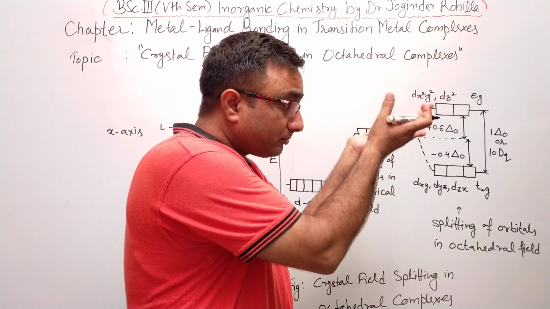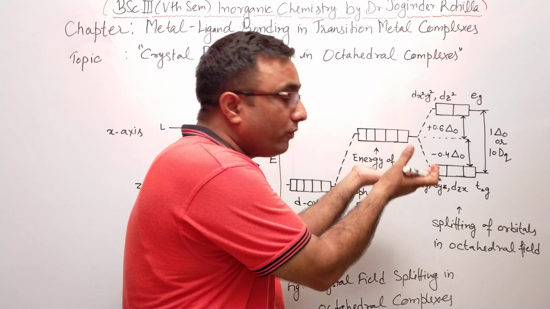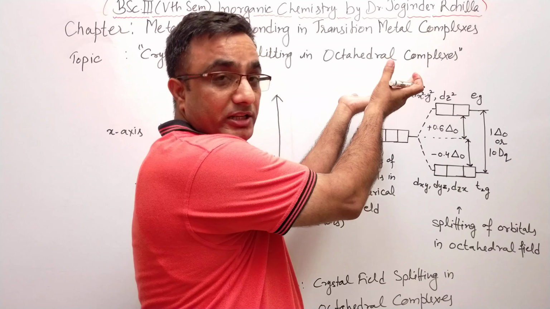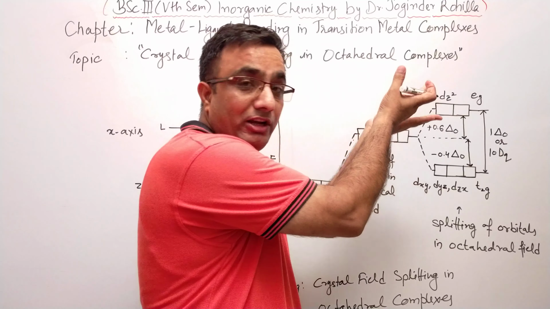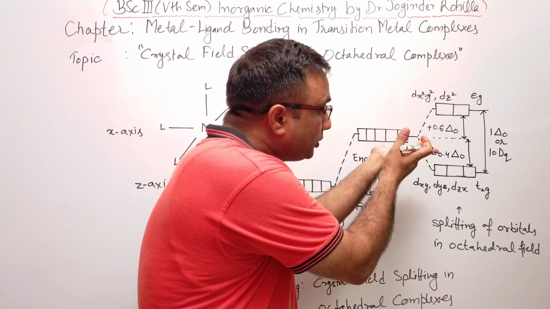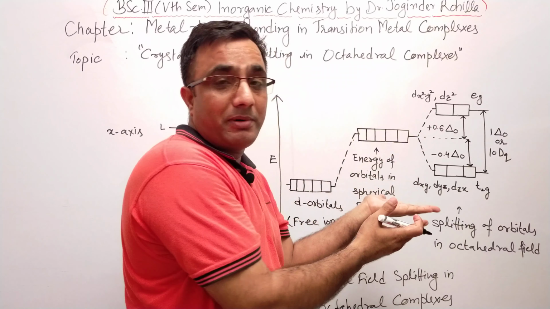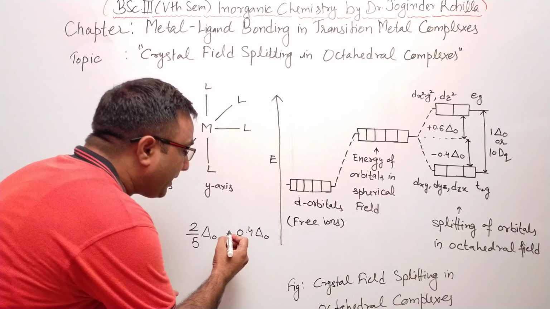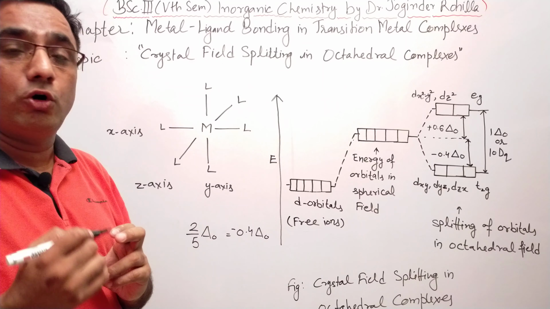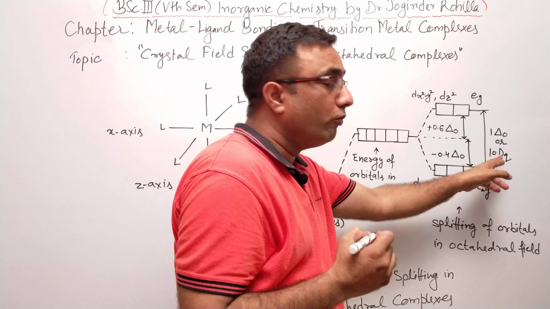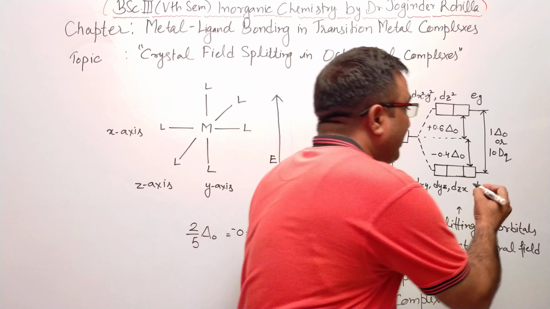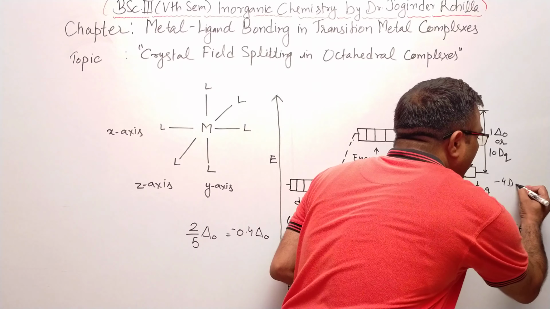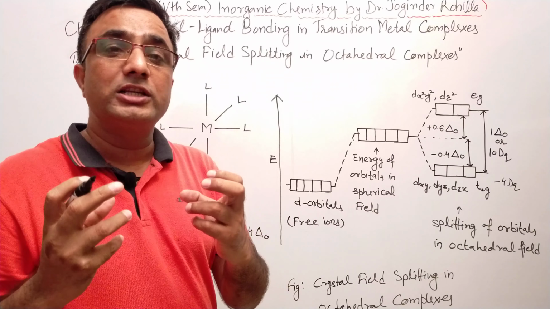Why minus? Because the system has lower energy in comparison to Eg, and due to this lower energy it is more stabilized, and we use the minus symbol for this. This is minus 0.4 delta O, or in terms of dq we can say it is minus 4 dq.